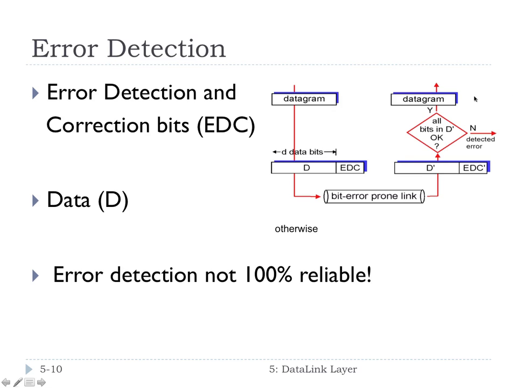Hopefully, the algorithm is going to tell us whether all the bits in D prime are okay, using the algorithm that we defined to create EDC from D. You can imagine we have some algorithm to compute EDC based on D. We compute EDC prime based on D prime. And if the algorithm still produces the correct results, then we expect that we've correctly sent the packet.